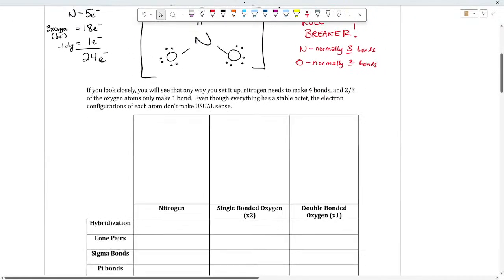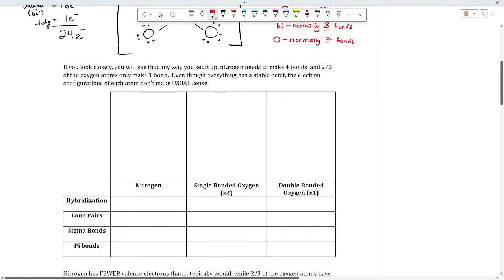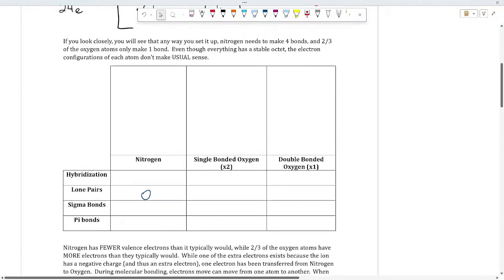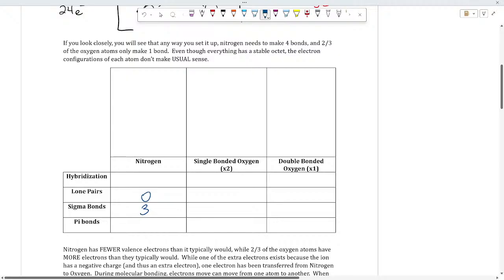Let's just look really quickly. We're not going to do this every time, but the middle nitrogen, how many lone pairs does it have? No lone pairs, okay? How many sigma bonds is it making? 3, yeah. And how many pi bonds is it making? 1. What's its hybridization state then? sp2, very good.